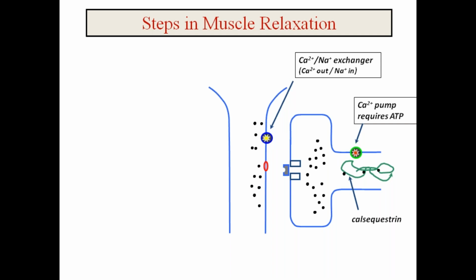One is the calcium ATPase, which is pumping the calcium into the sarcoplasmic reticulum. And another pump is your sodium calcium exchanger, which is pumping the calcium out of the cell while 3 sodium are pumped inside.